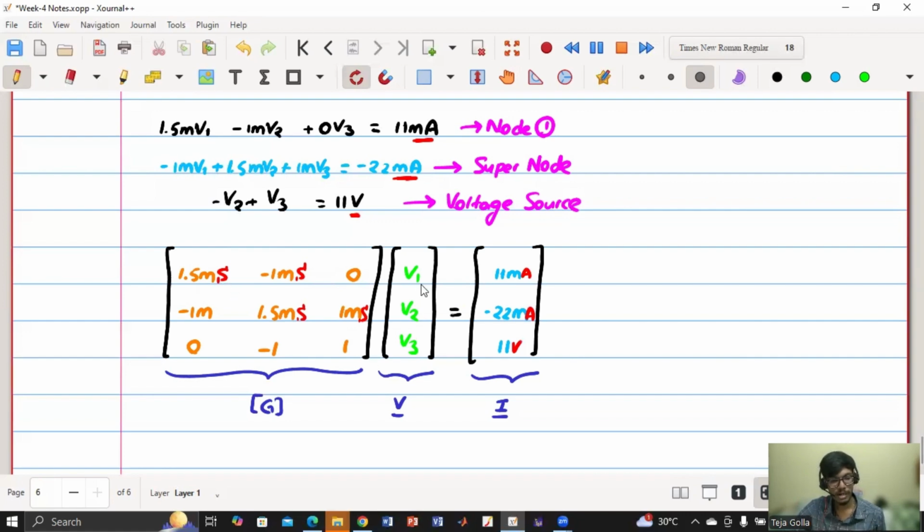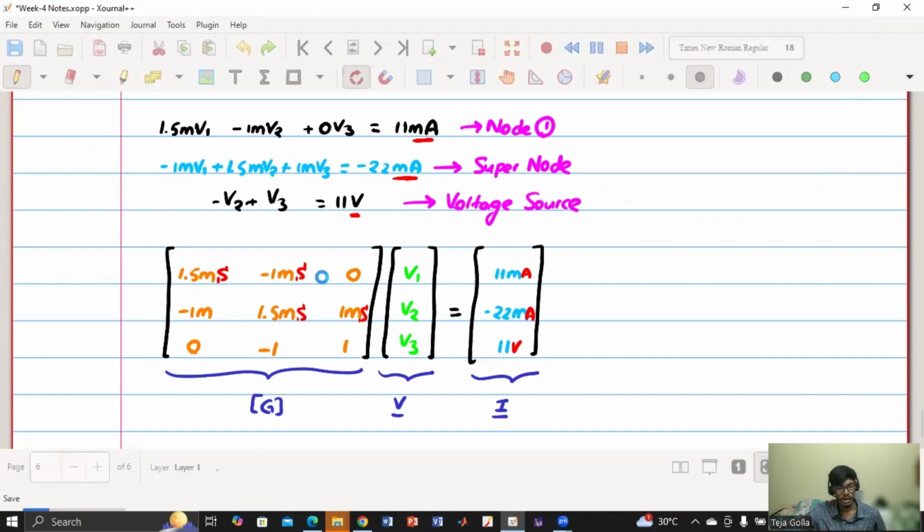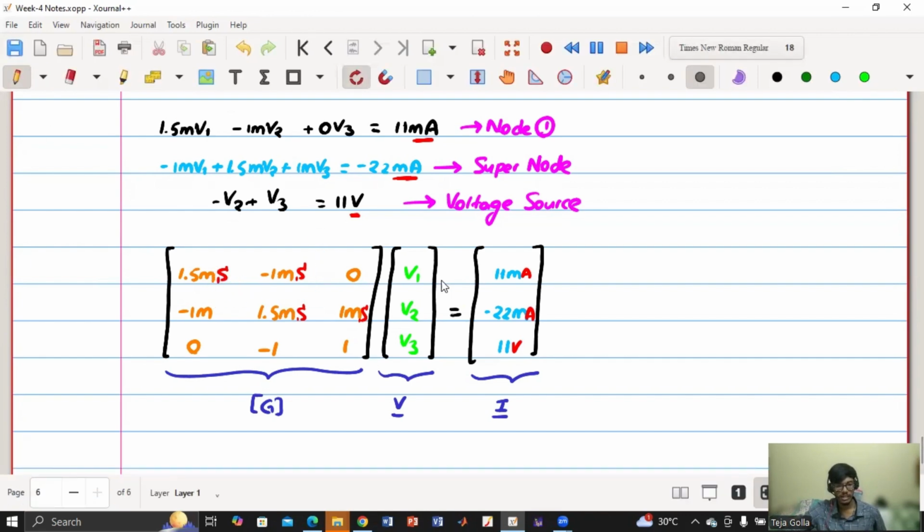So millisiemens multiplied by voltage gives ampere, and constant multiplied by voltage gives constant. We missed this dimension, so it looks like this is dimensionless, and that is not true. This has dimension and this is dimensionless. Is that clear now?